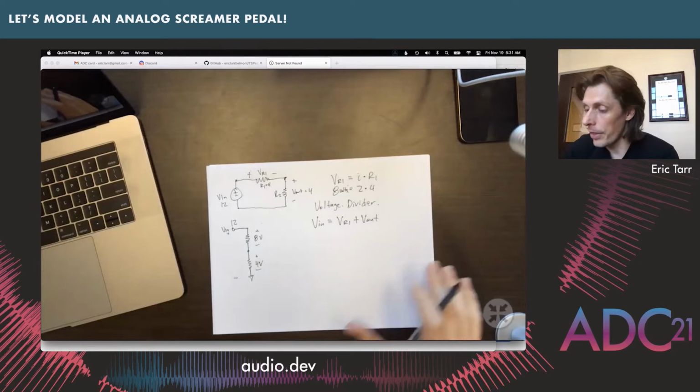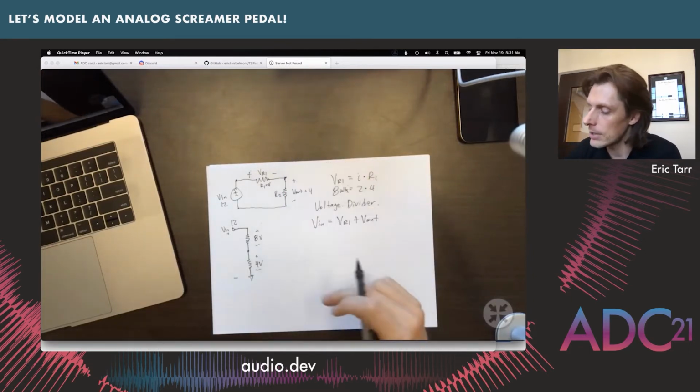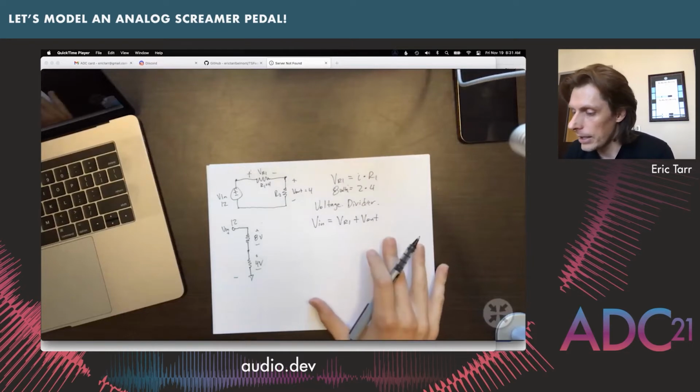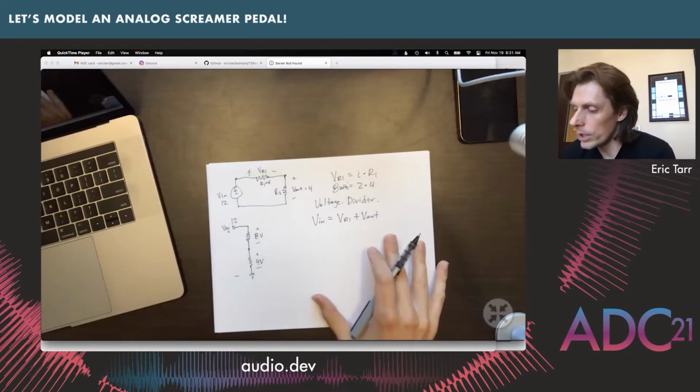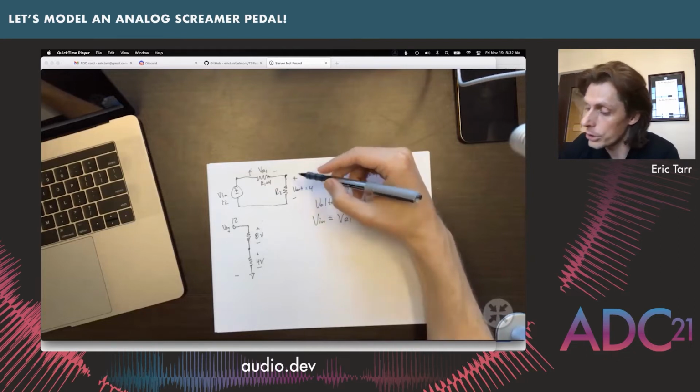A couple other things that we want to be able to do with this circuit and build off of is, let's say we want to write the relationship in a special form called the transfer function form.